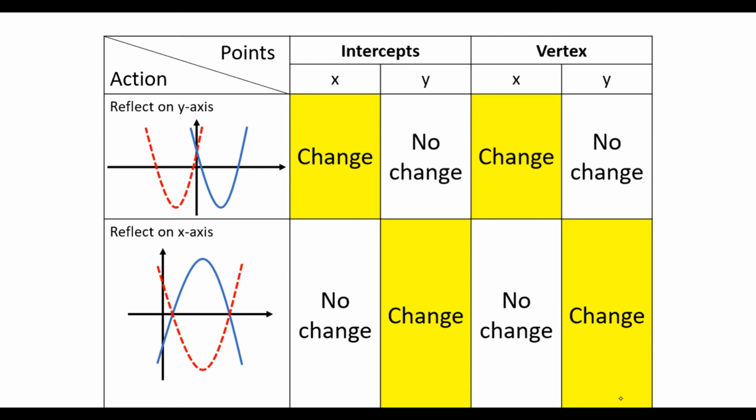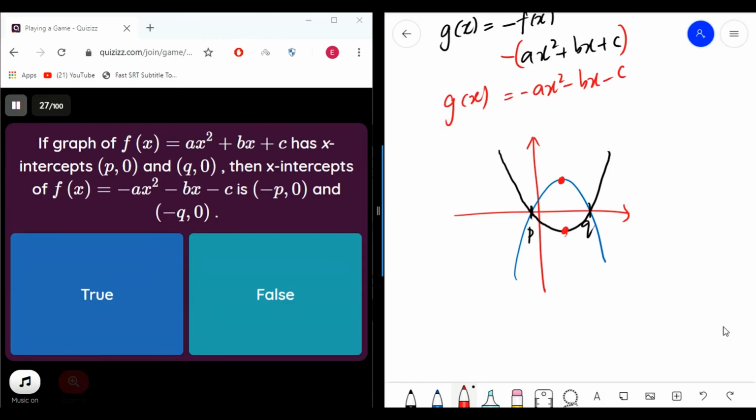You just have to remember one of them, then the other one will be opposite. Okay? And this is extremely useful in exams in case of the KBAT question. Alright, so the statement is false. It should be the same, should be (p, 0) and (q, 0). We don't need the negative.